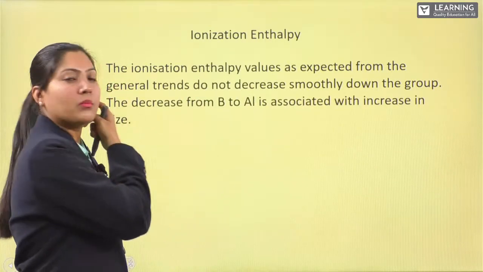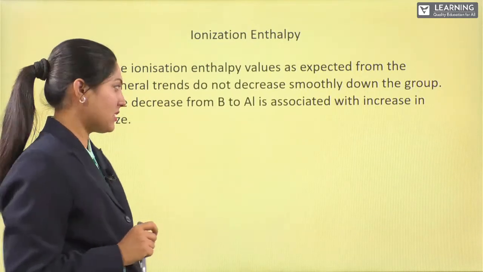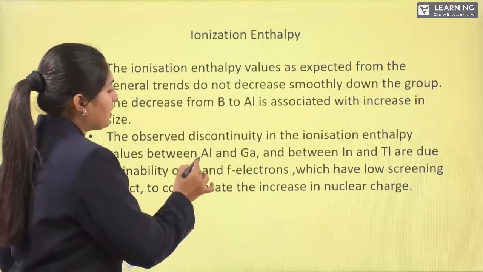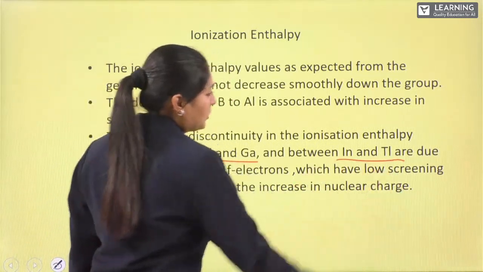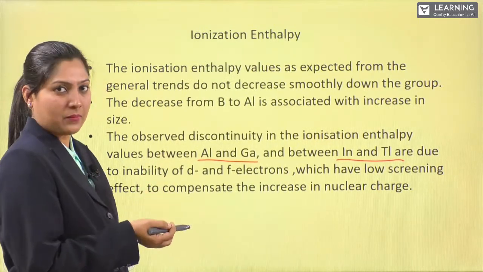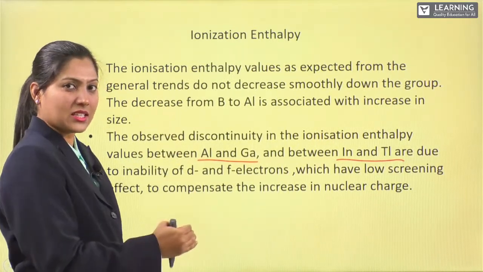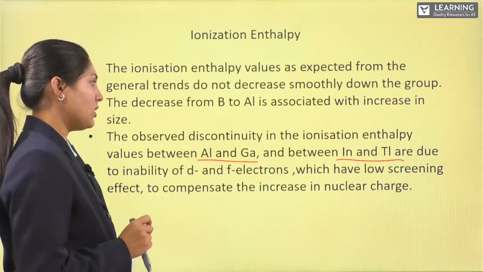From boron to aluminium, down the group, ionization enthalpy increases. But when we observe from aluminium to gallium and indium to thallium, we have a difference there. The size is not exactly increasing, so it is not the decrease in ionization enthalpy.